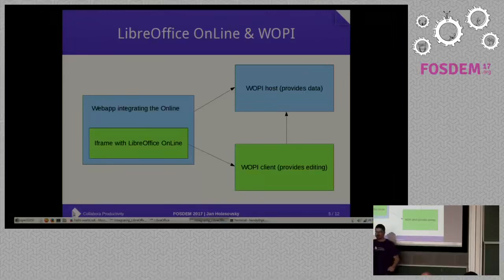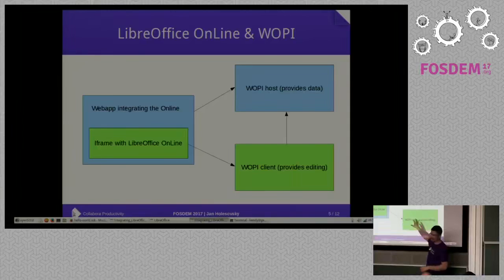So you will implement it as an iframe, and this iframe will communicate with the server part of LibreOffice Online, which in the WOPI terms is called the WOPI client, which provides the actual editing. So it will provide the data for the iframe so that it looks like the document. You can see the selections there and all these things.